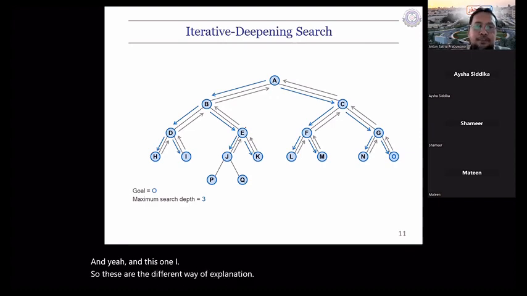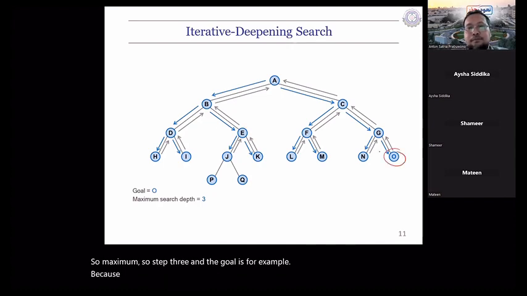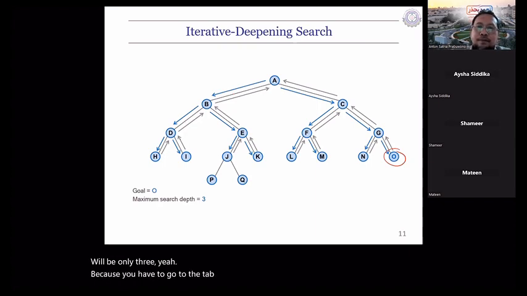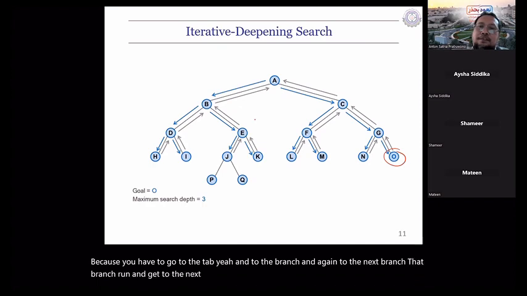The maximum search depth is 3 and the goal is O, for example. The maximum depth will be only 3, because we have to go down a branch, and again to the next branch, until we reach O.